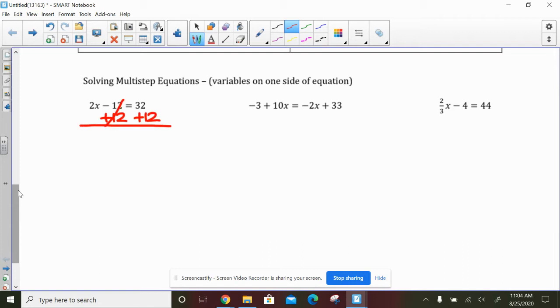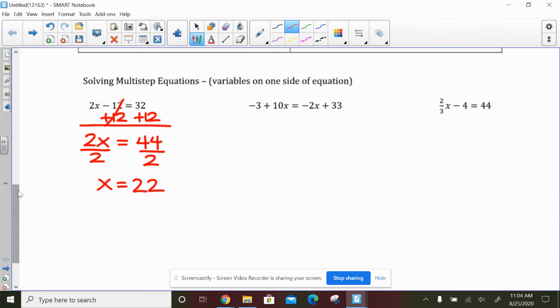It goes away. Bring down the 2x equals 44. 32 plus 12. Okay, now I have 2 times x equals 44, so I'm going to divide by 2. 44 divided by 2 is 22.